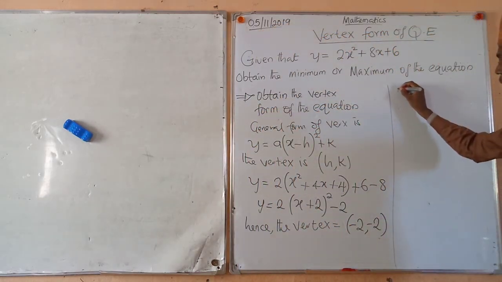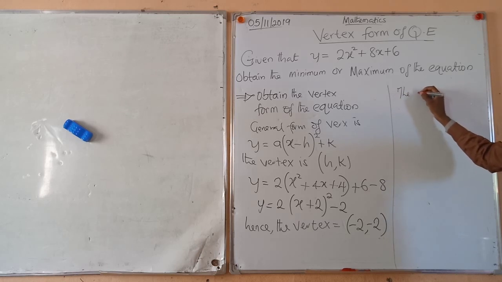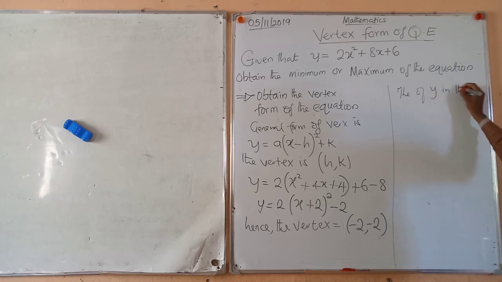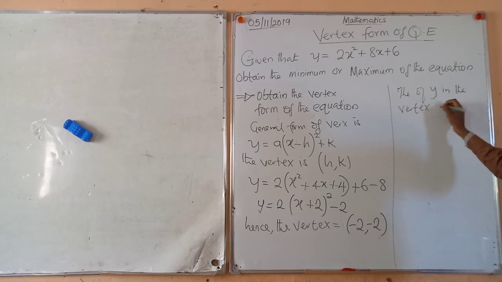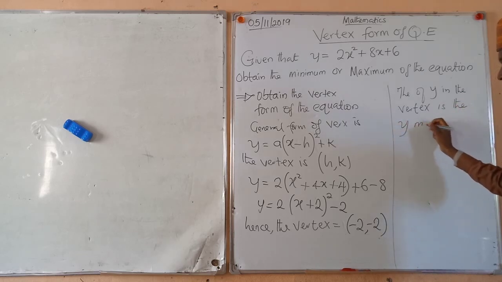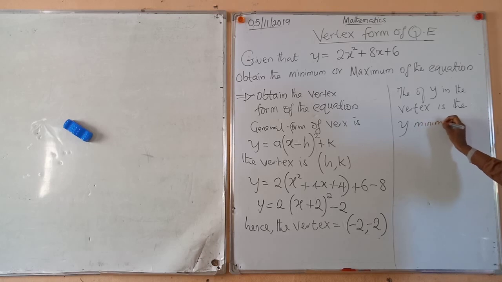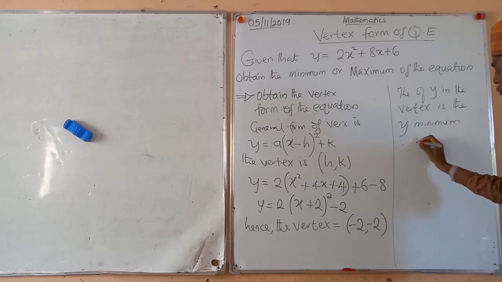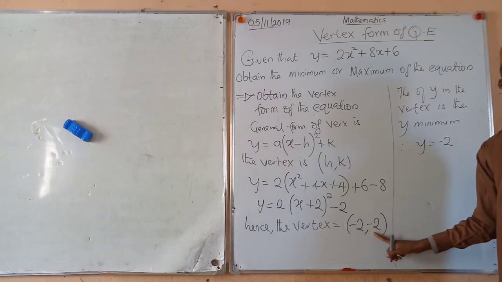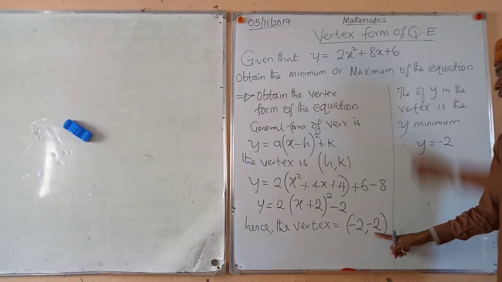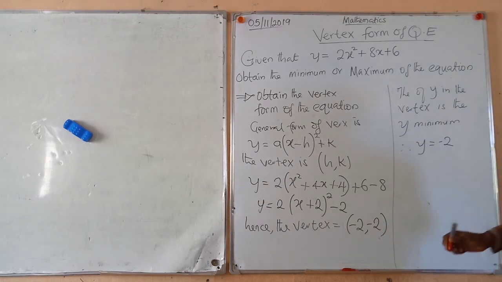The value of y in the vertex form is the y minimum this time around, because yes, minimum. Therefore y equals negative 2. This is the value of y. So the minimum of this particular graph is negative 2. So this is all about vertex form.